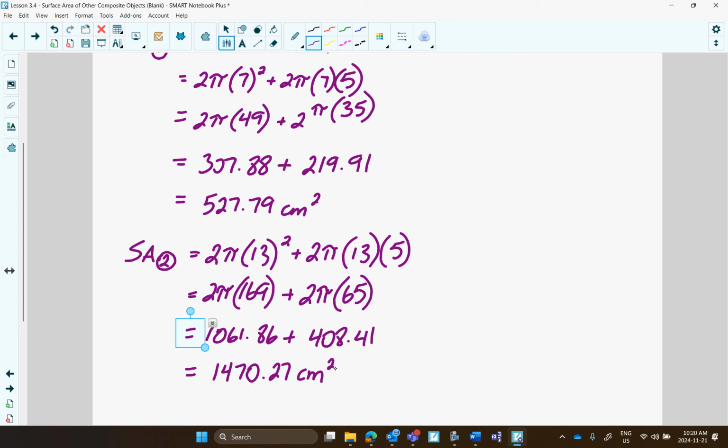Did you use the pi key? Or did you use 3.14? There is no. You'll have a pi key on yours. It just may be hard to line. But you don't need to do the monkey in order to. Oh, you just added those two. Did I make that? Yeah. Oh my God. What did I do? 1061.86 plus 408.41.